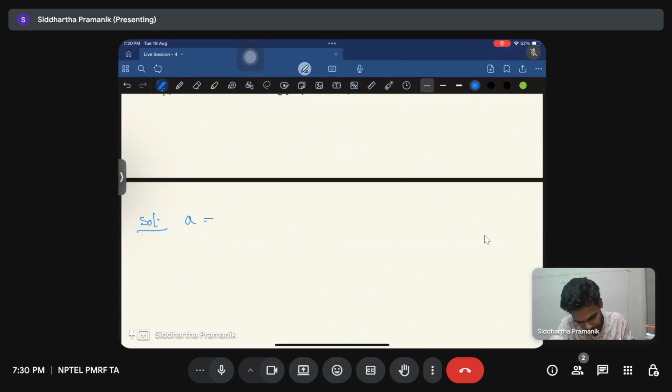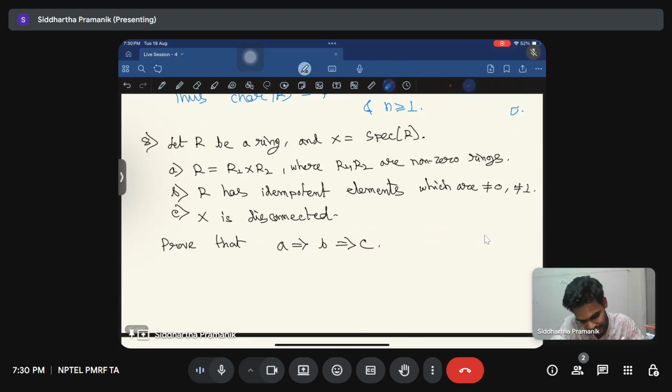So actually all these three statements are equivalent, but I will leave one part as an exercise for you. So A implies B. So what is A? A is R is a direct product of two non-zero rings. Then we need to show that it has idempotent elements which are neither 0 nor 1.